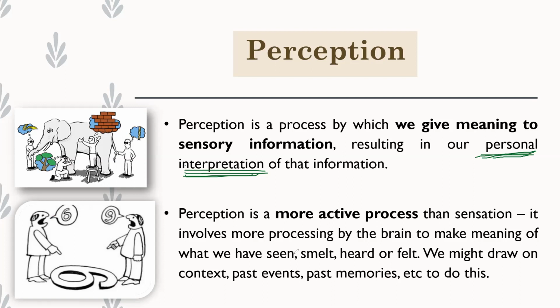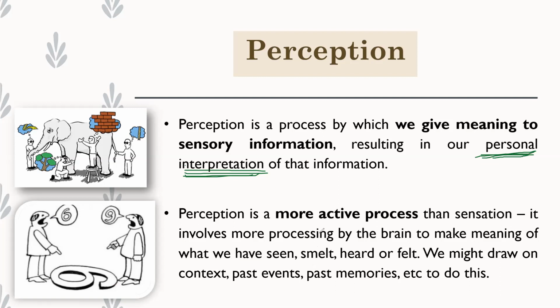Okay, same thing with vision. Obviously, we do draw on past memories and past events to be able to make sense of what we see. So if you see one of your teachers who never really wears bright colors, one day come to school in, I don't know, a red scarf or a bright red jacket or a fluorescent yellow blazer, you're going to be like, whoa, that's really caught my attention there.